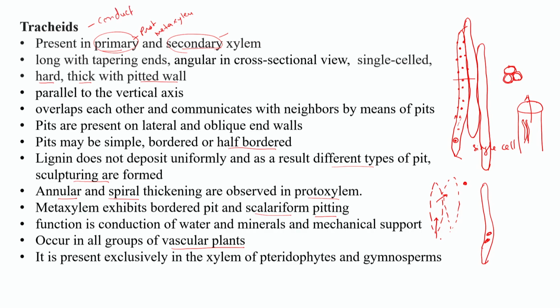Suppose water has entered this tracheid through the pits, it can move into another tracheid with the help of pit pairs which are attached with each other. So, in this way they can move and cross the tracheid. In this way they will flow in the upward direction with the help of pits, the water can move from one tracheid cell to another tracheid cell.